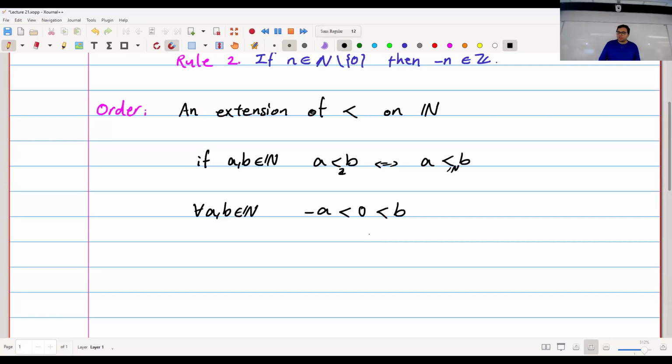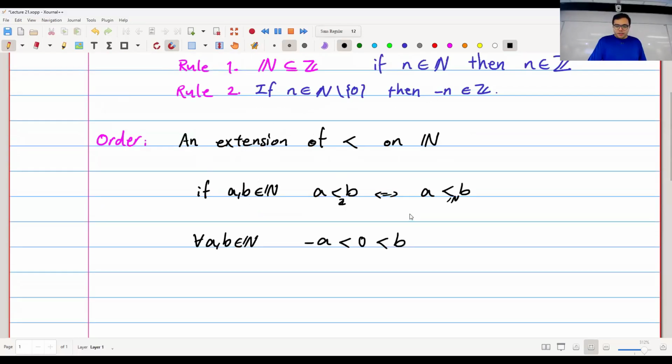All the positive numbers are greater than 0. Okay. At this point, I know how to compare two positive numbers because I already had the comparison in N. I know how to compare everything with 0. I know how to compare a negative number with a positive number. Negative numbers are always smaller.